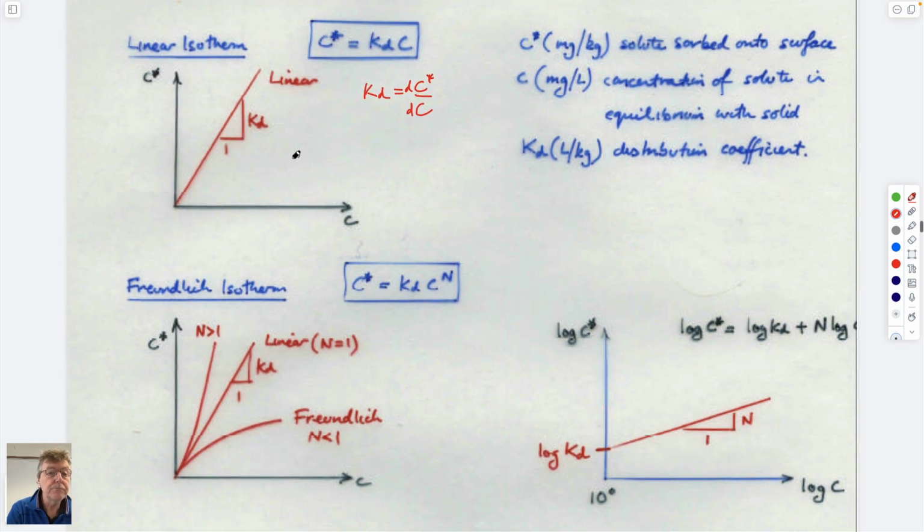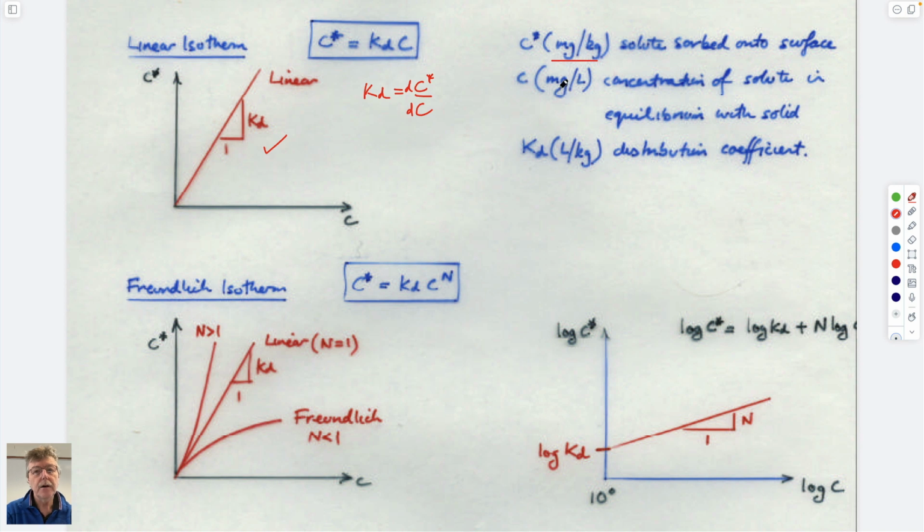So what we'll use primarily is linear isotherms, just because it's good enough for what we want to use it in. They're in interesting units. Some of them are mass sorbed per unit mass of the aquifer.